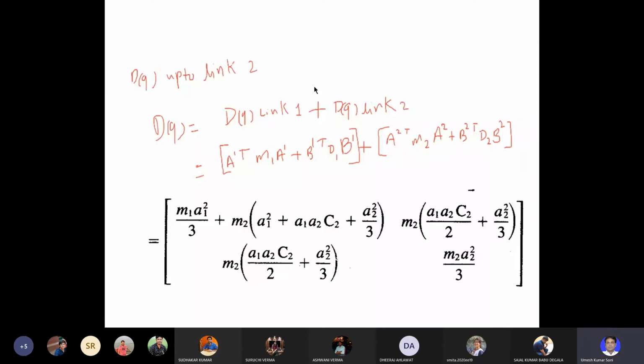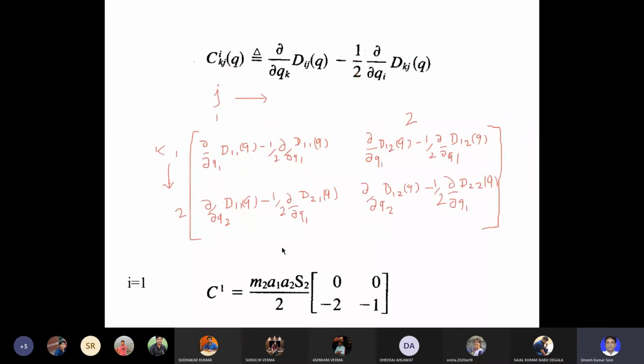And note that what I am showing in the slide and explaining, you will not get in the books. How this equation has come, in the books they have directly put the values, but you will not be able to know how they are deriving this equation. Okay, see here, this is the explanation of what is going on in between, but in the book they have directly put the C1 equal to this equation.